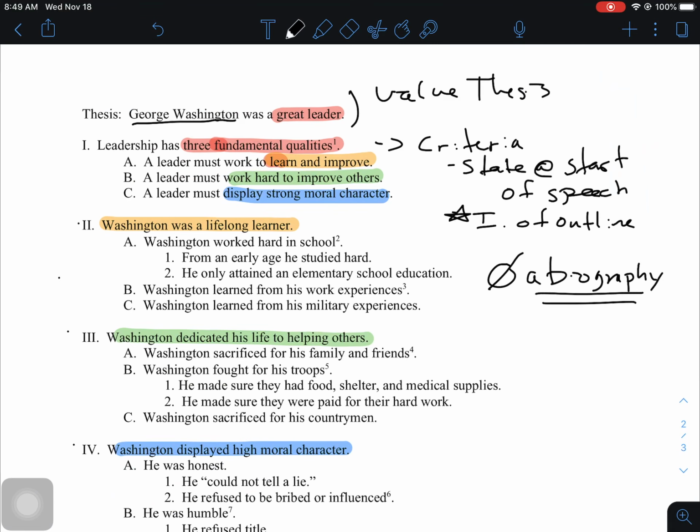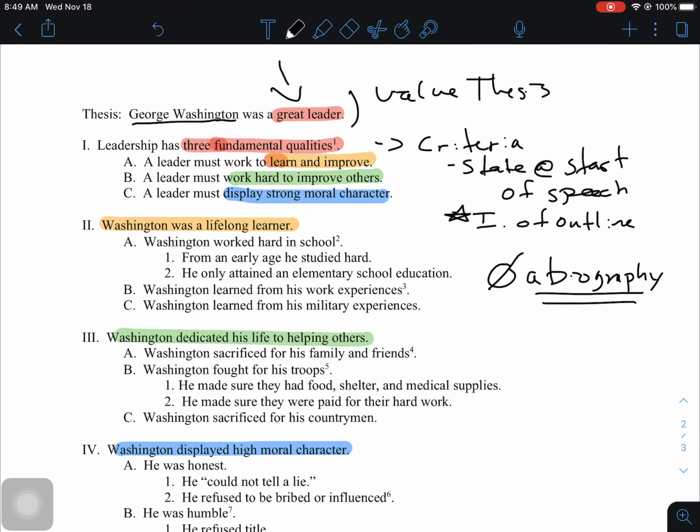This is not just the beginning of like Washington was born here, he went to school here, then he got a job doing this, and then he was a general, and then nope, not interested in that. I'm not interested in a biography. This isn't a biography speech. This is a speech meant to prove that he was a great leader. So my main points all have to come back to that idea that he was in fact a great leader.